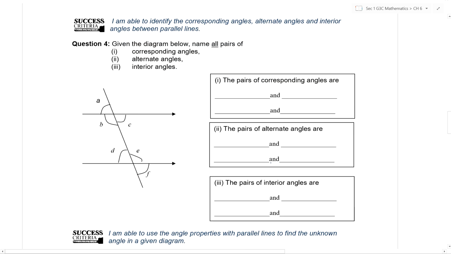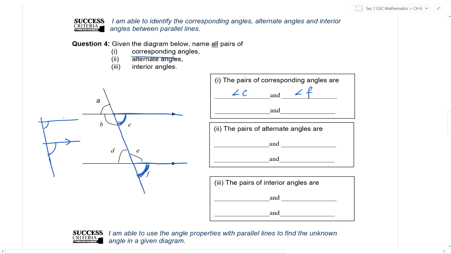So in question 4, we will try and familiarize ourselves with these three types of angles. The first that we have will be corresponding angles. In this example, angle C and angle F. These two angles, they have the same size. They are corresponding to each other. They are equivalent to each other. We look out for the letter F from the alphabet.